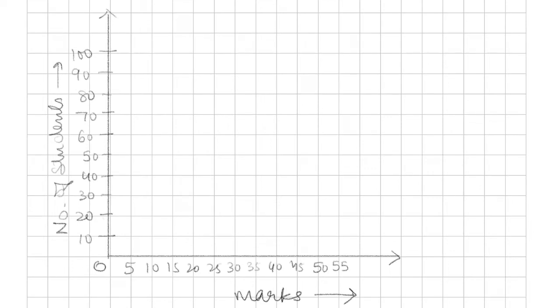Now less than 5 there are 2 students, so less than 5 would be here. Then 7 students, less than 10, so 7 would be here. Then less than 15 are 13 students, so 13 would be here. Then 20 and 21, 21 would be here.